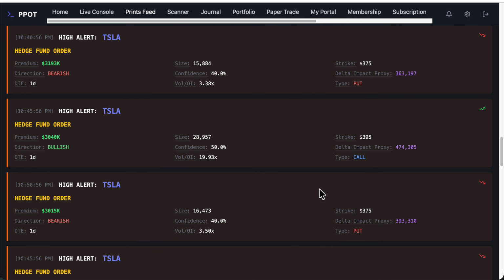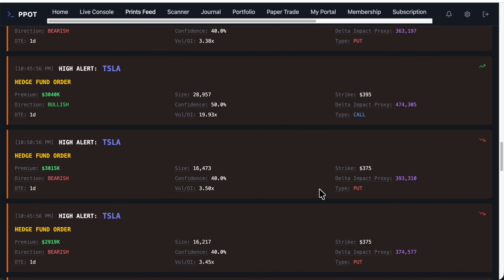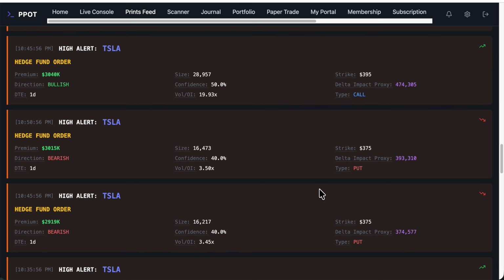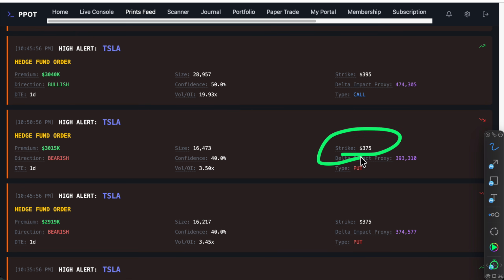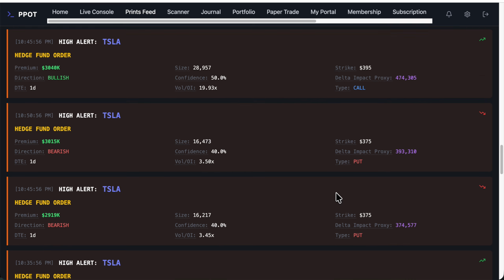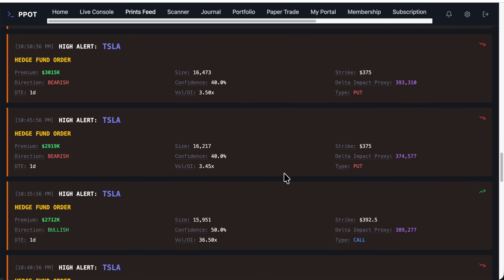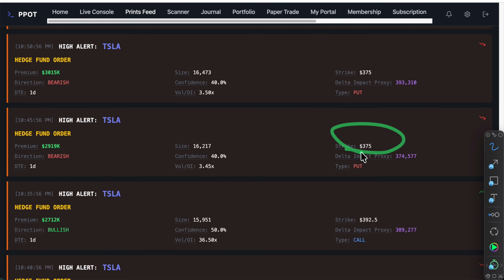And then this is everything for the AI engine, right? And you get another one right here. 1 day, another big hedge fund order coming in. So smart money's coming in, it's telling you. And we have another one right here. Contracts right there. 1 day, 375.